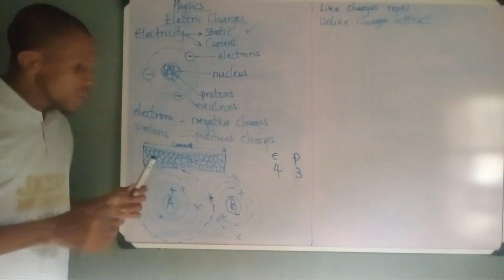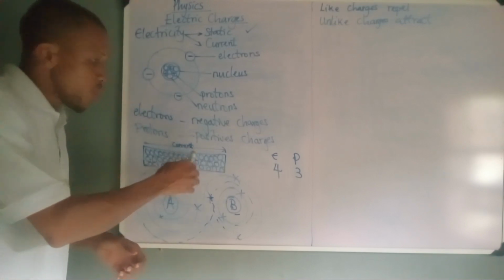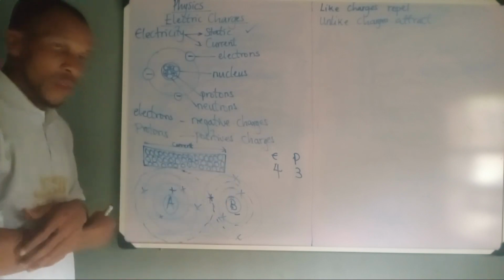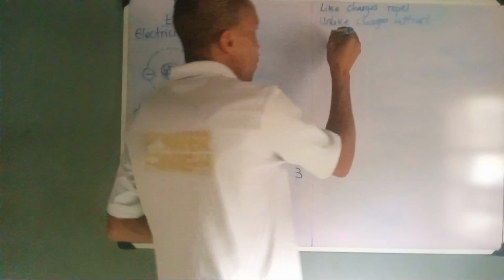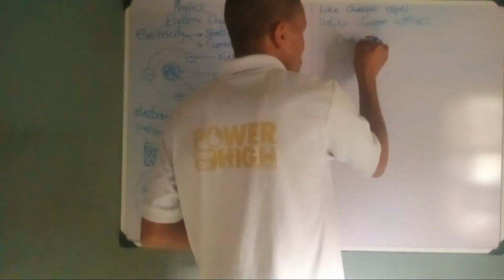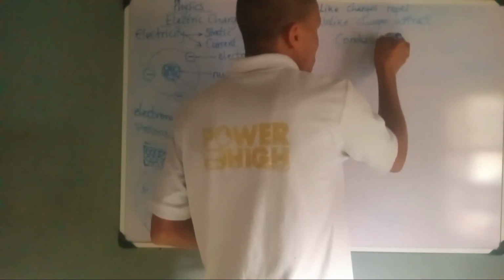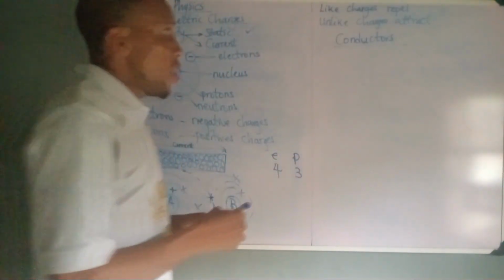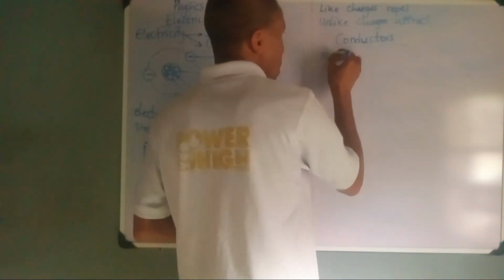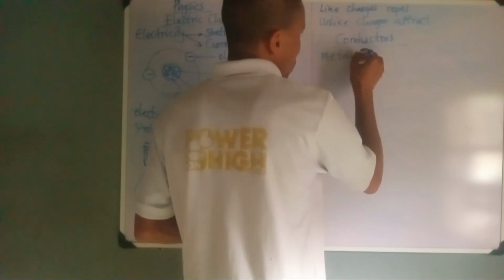So substances that allow charges to flow through them, substances that allow electrons to easily pass through them, we refer to them as conductors. And what are conductors? All metals are conductors.